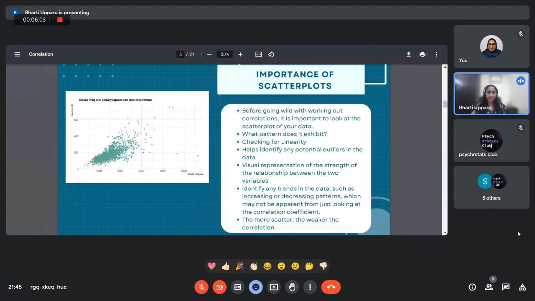You can also look for any potential outliers in your data set, and you can see the strength of the relationship between two variables. You can also see whether the data has an increasing or decreasing pattern, positive or negative. And the more scatter there is in the data, the weaker the correlation.